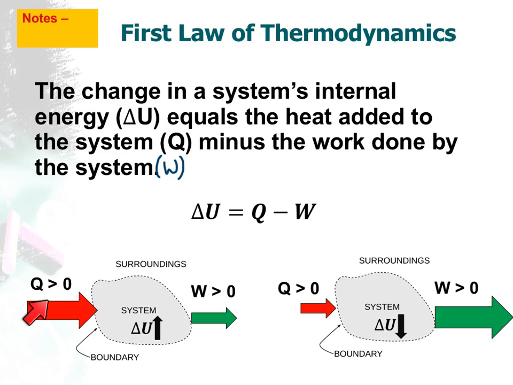If I add more heat than the amount of work that a system does on its surroundings, then the internal energy, according to the first law of thermodynamics, has to go up. That might come in the form of raising the temperature of the gas.